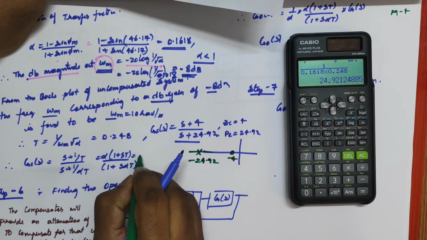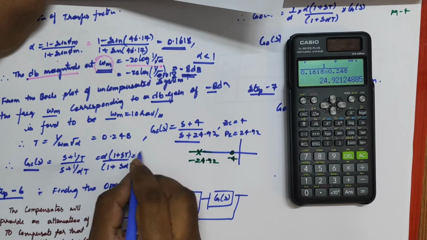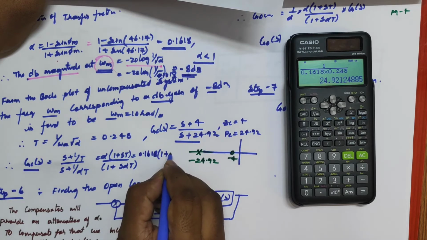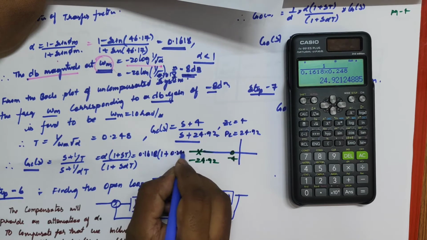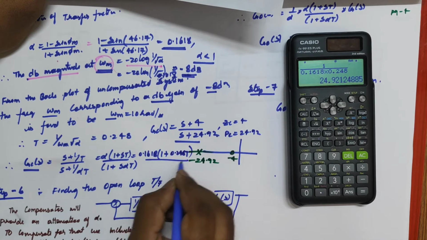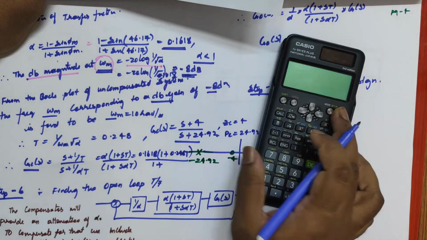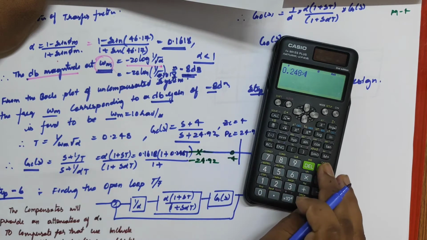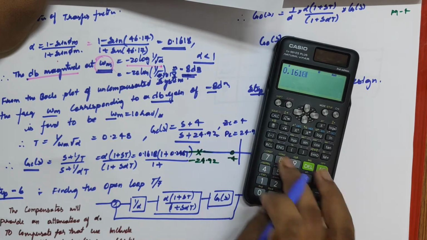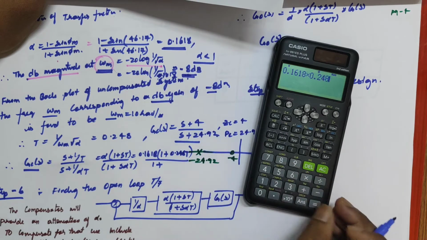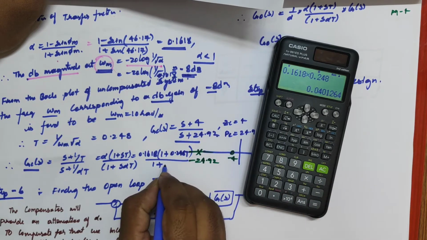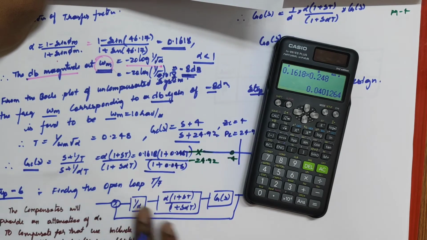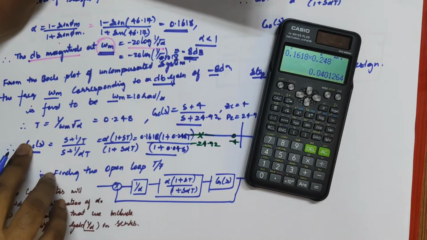We'll obtain the overall compensated system with alpha 0.1618, 1 plus T s with T 0.248, divided by 1 plus alpha T s, which gives 0.04 s. Okay, so we find the controller and incorporate this.